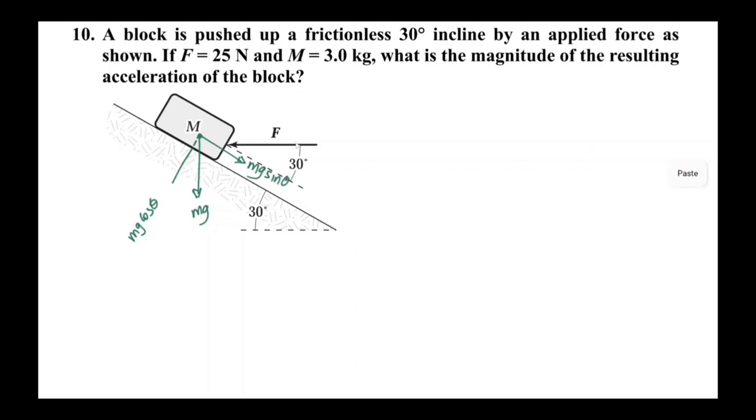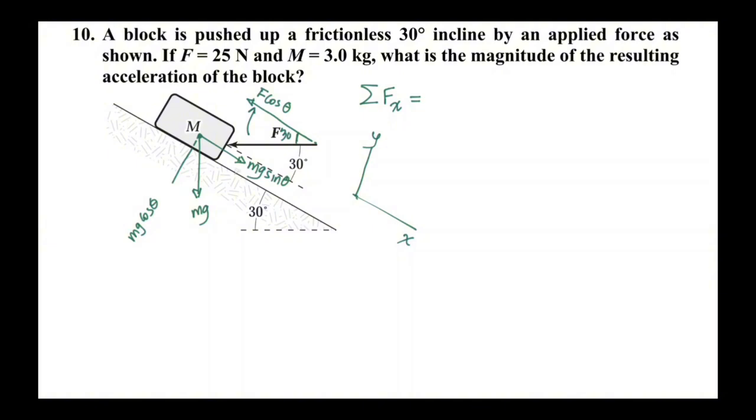Now since F is directed this way and the angle is with the head, now we need to find the angle with the tail of the vector, which has to be 30 degrees. So the X component is F cosine theta directed this way. Now, sum of all forces on x, this is x by the way and this is y.